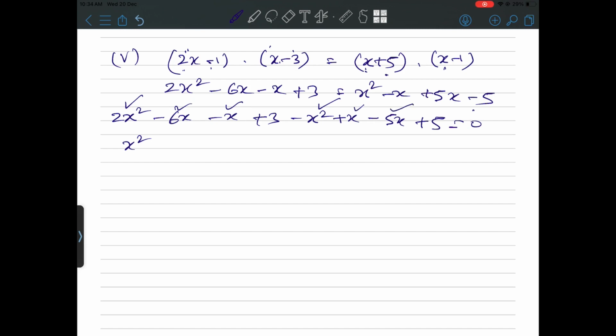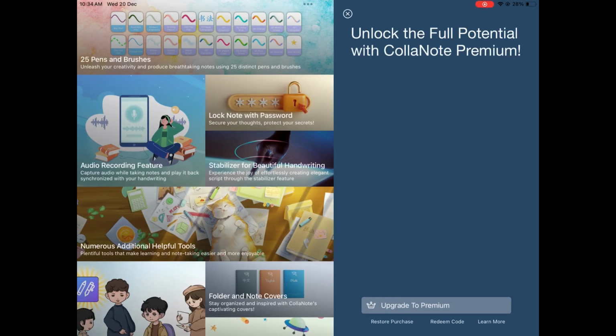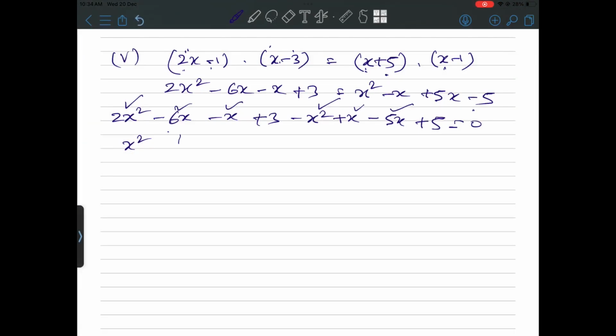So we combine all the terms, minus 6x minus 7x is minus 13x, and plus x means minus 12x. Now combine these terms 3 and 5, they become plus 8, equal to 0.